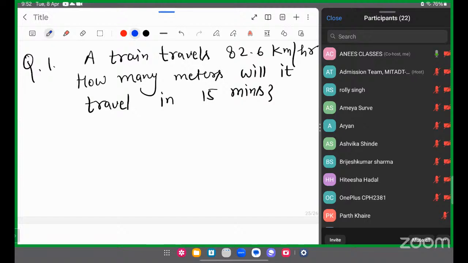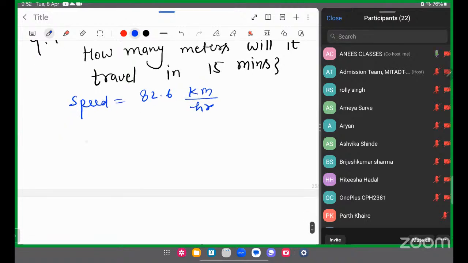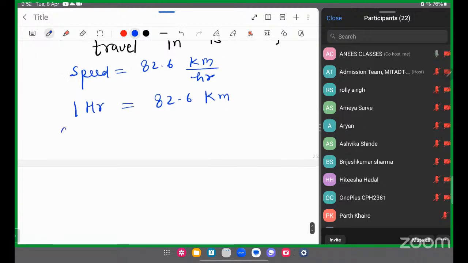So let's look at the speed. Speed is 82.6 kilometer per hour, which means in 1 hour it cover 82.6 kilometer. 1 hour means 60 minutes. In 60 minutes it cover 82.6 into 1000 meter.